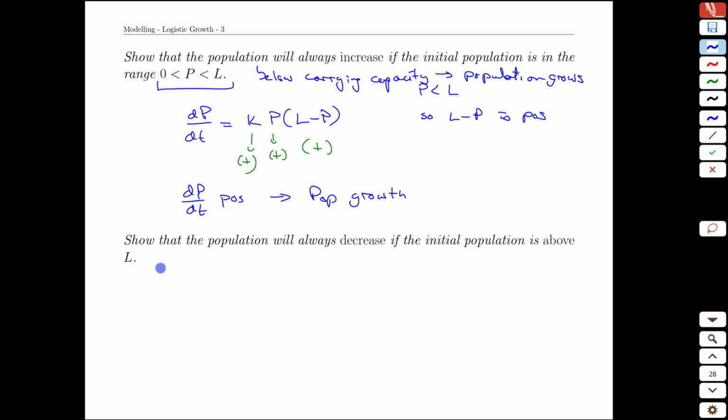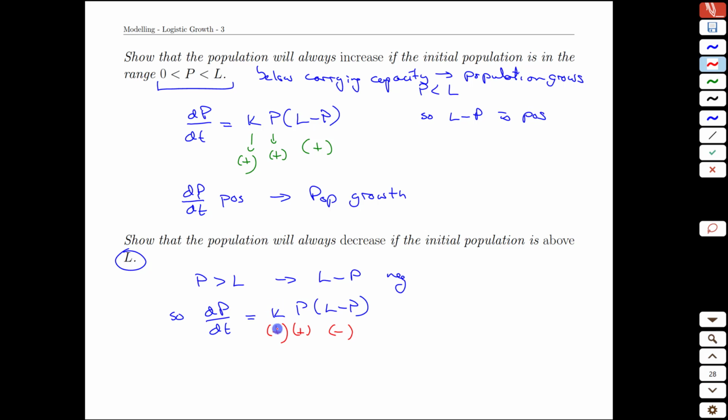However, if we have a population above the carrying capacity, P is larger than L, then this difference of smaller minus larger is going to be negative. And if that's the scenario, looking at our differential equation written out here, the sign this time is going to be negative for this factor. Our population is still a positive quantity. It's a positive number of creatures, animals, people, and k is going to be positive again, and this overall is going to be negative.